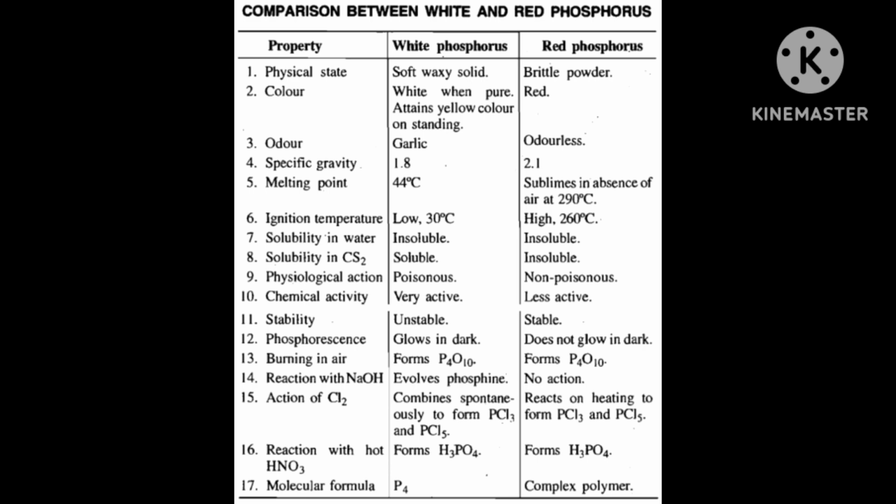Alpha you got by heating red, but beta is prepared by heating white phosphorus at 473 Kelvin, under high pressure. For alpha, 803 Kelvin was required, and that from red, but here 473 Kelvin is required, and that from white phosphorus.